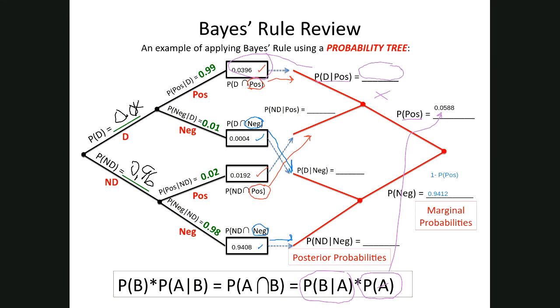And so now, how do we calculate that missing value? Well, hopefully you can see the relationship. You would have to do the division: 0.0396 divided by 0.0588.